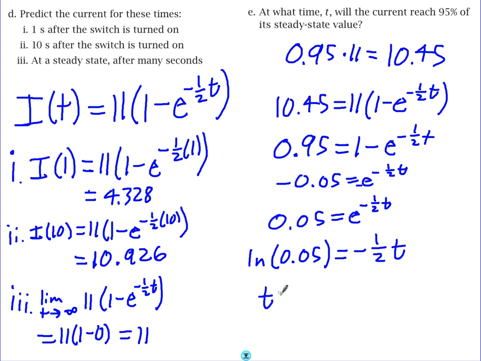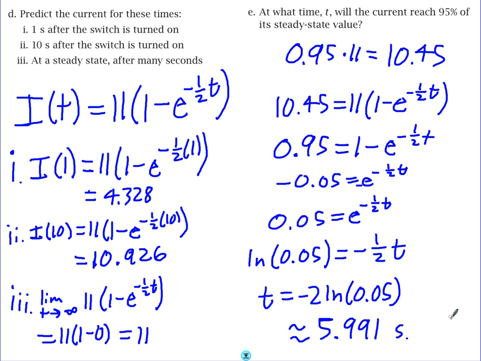So we'll get t equals negative 2 ln of 0.05, which is about 5.991. So after 5.991 seconds, it will reach 95% of its steady state value. And that's all we had to do. So that is problem 3.